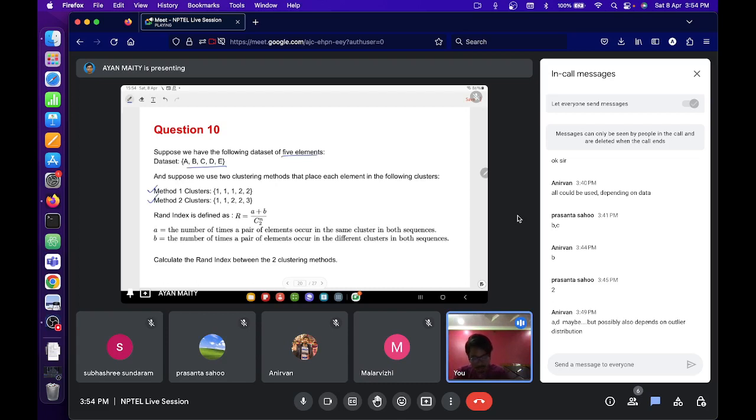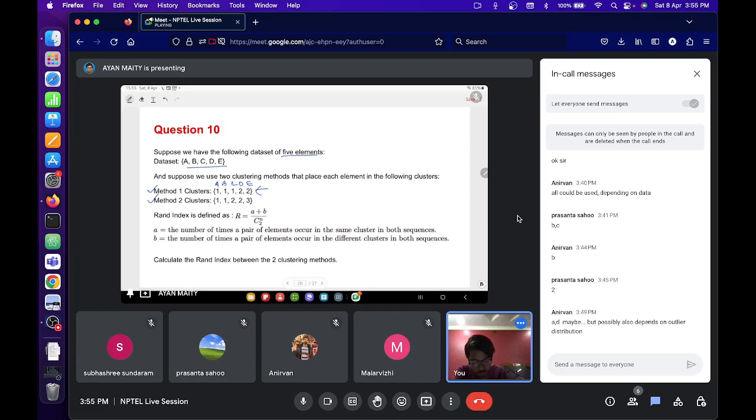The clustering assignment for method 1 is this, for A, B, C, D, E. Method 1 creates two clusters only, 1 and 2, and it assigns A, B, C, these 3 points, to cluster 1, and D and E are assigned to cluster 2.